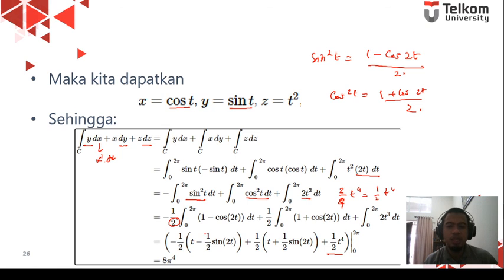So this should be deleted, and here plus 1 over 4 sin 2t, and here should be plus 1 over 4 sin 2t. So a half sin 2t plus a half t to the power 4. Then the result should be 8p over 8 times p to the power 4. So this is the result.